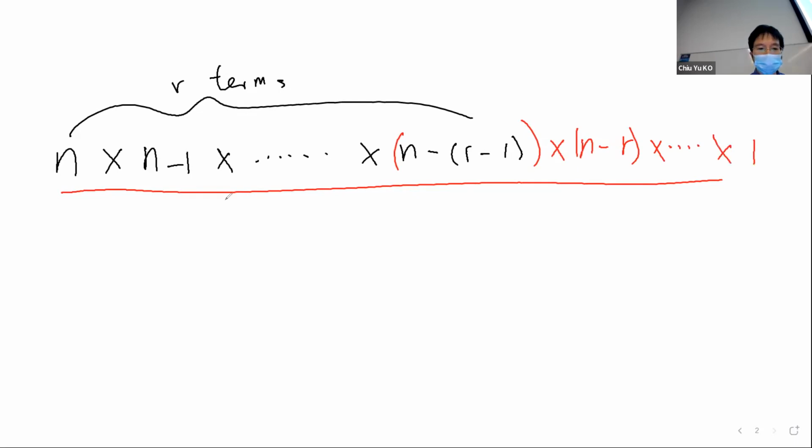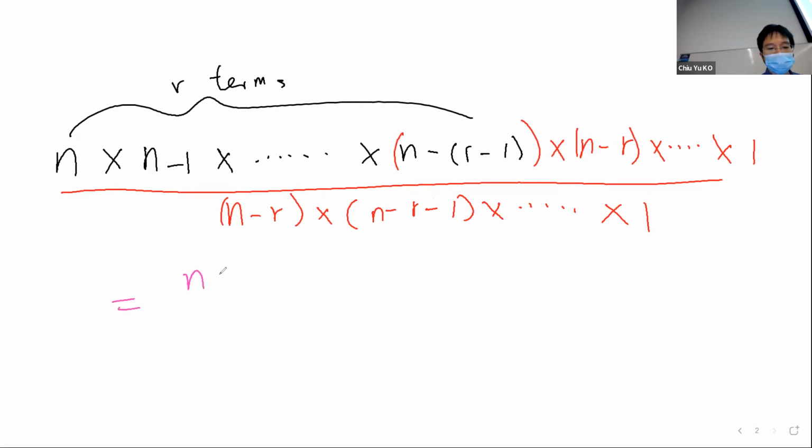So you multiply the same thing in the numerator and denominator. The numerator is just n factorial, because you multiply 1 up to n. And the denominator is just n minus r factorial, because you multiply 1 up to n minus r.